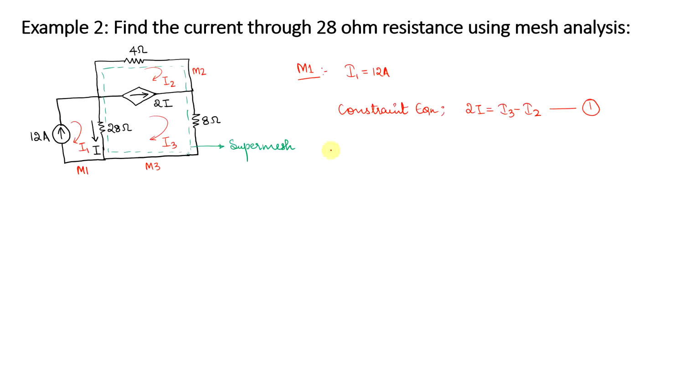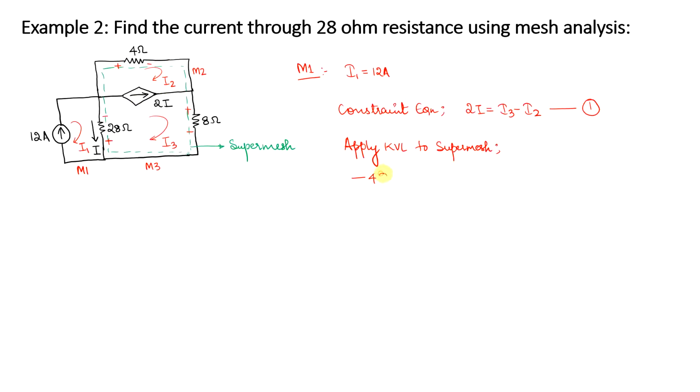Then you need to apply KVL to this particular super mesh. So when applying KVL to the super mesh, what do you get? I need to specify the polarity, so let me mark this. This is plus minus, this is plus minus, this is plus, this is minus. So I can write this as minus 4 times the current that is flowing in mesh 2, which is I2.